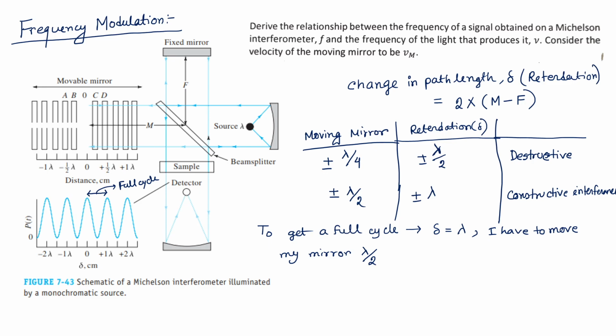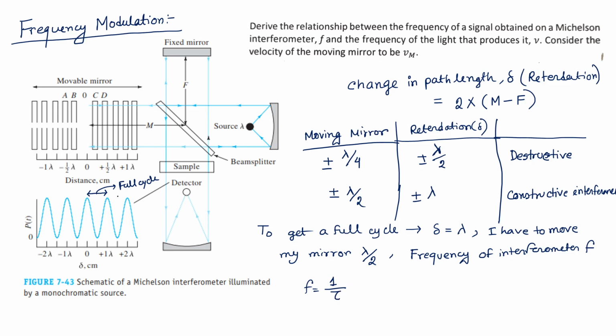Lambda by 2 distance. So for a full cycle, suppose the frequency of this interferometer is f. Okay, so f is going to be 1 by this time period tau.